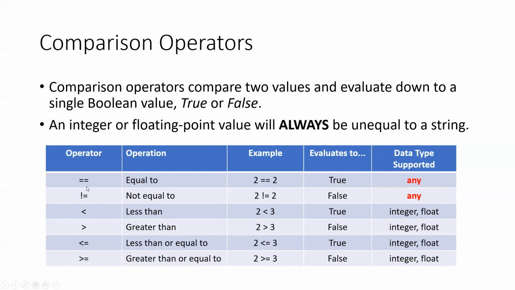So, for example, this will give you these here. A double equals is equal to, exclamation point equals is not equal to, greater than, less than, greater than or equal to, or less than or equal to. These last ones here only work with integers and floats. You can use any data type in order to check if it's equal to or not equal to.